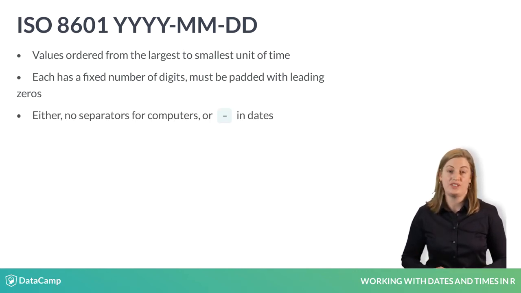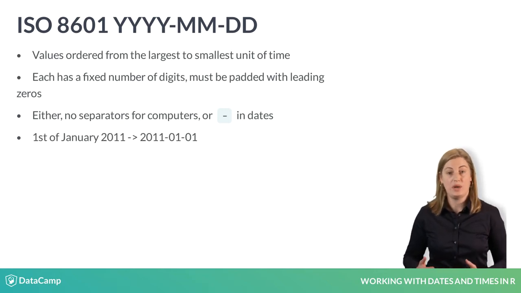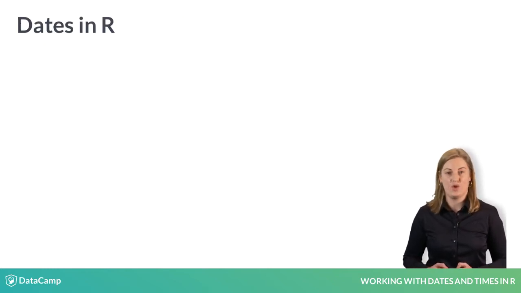You don't have to use a separator in the ISO standard, but if you do, it must be a dash in dates. So the date, the 1st of January 2011, in ISO 8601 standard is 2011-01-01.